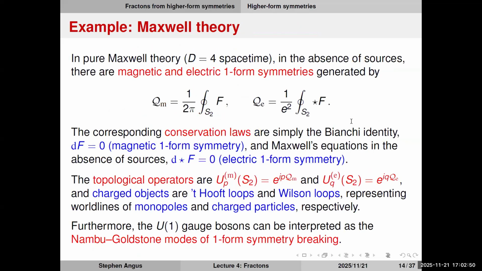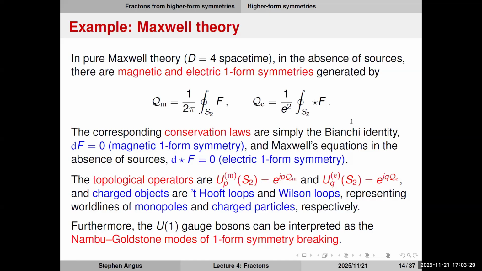As a simple example of this, which I discussed yesterday but will review briefly: in pure Maxwell theory on d equals 4 spacetime, if we ignore sources, there are magnetic and electric one-form symmetries generated as follows. The magnetic one-form symmetry charge is the integral over a spatial slice of the Faraday tensor, the electromagnetic flux.